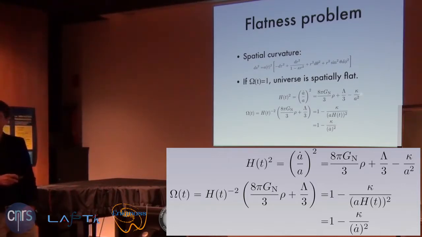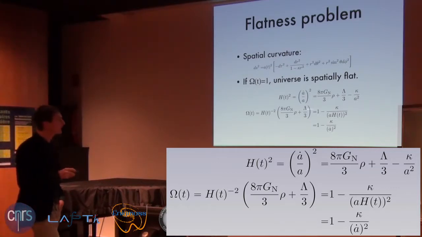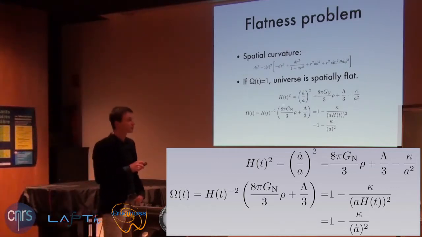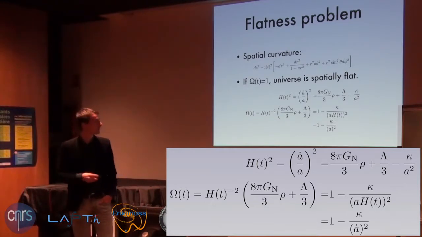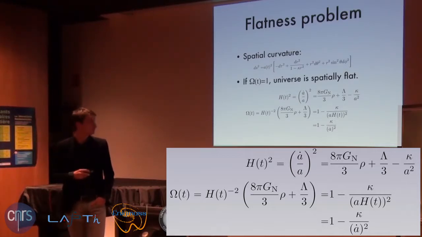Inversely, if k is negative, the universe is openly curved, the expansion rate will converge to a very large constant value. Constant in the sense that a dot will be a constant in time.